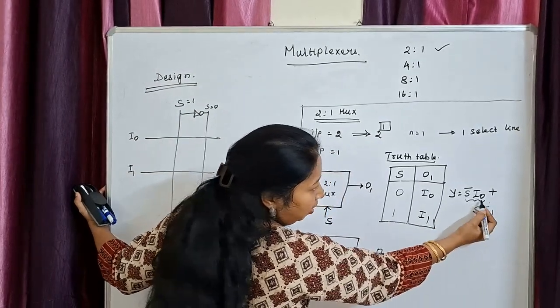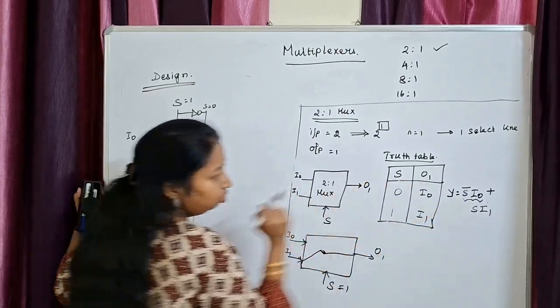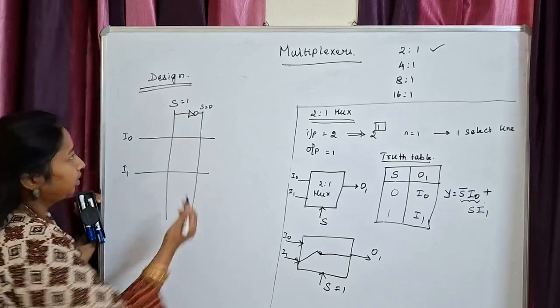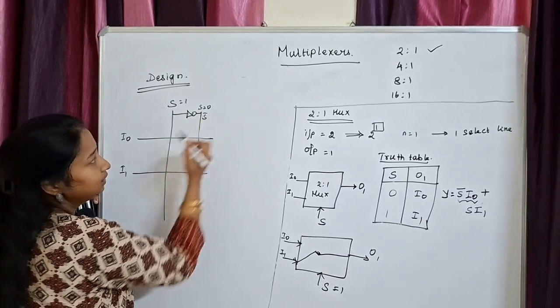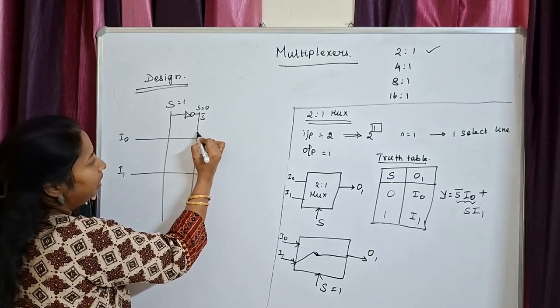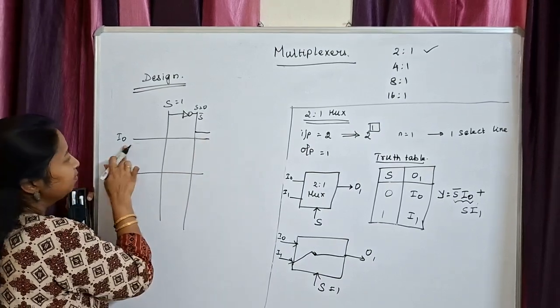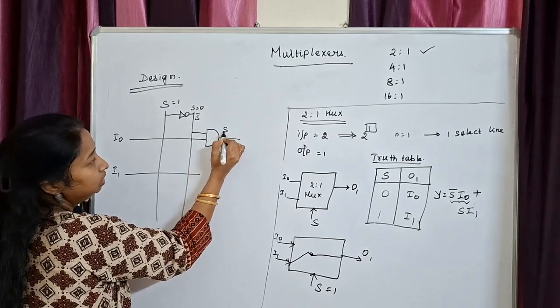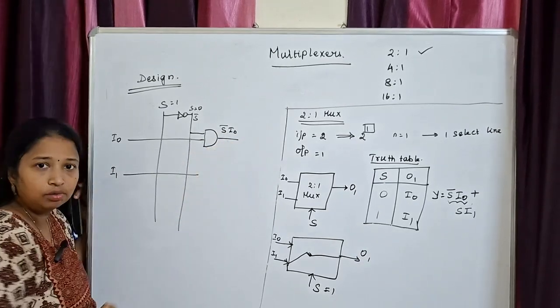First term is nothing but a product term, that is S bar into I0. For a product term, which gate will you be using? AND gate. S equal to 0 means it is S bar. So, S bar I'll take and lead from here. S bar into I0, these two I have to feed inside an AND gate. So, what is the output? S bar into I0. Clear?